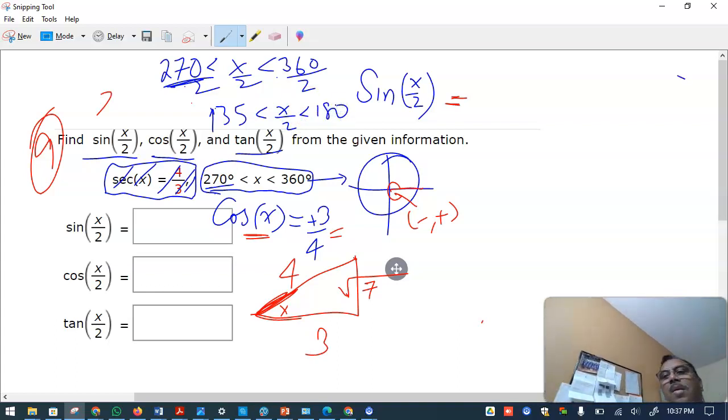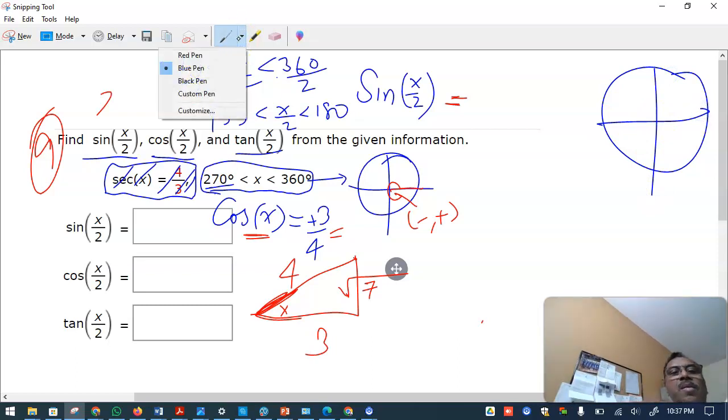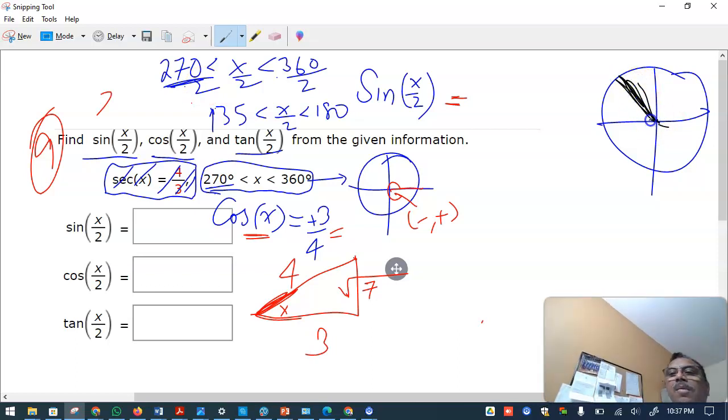So in other words, if you draw a unit circle, x by 2 reaches between 135 to this. So the angle between here to here is the one which is negative and positive.